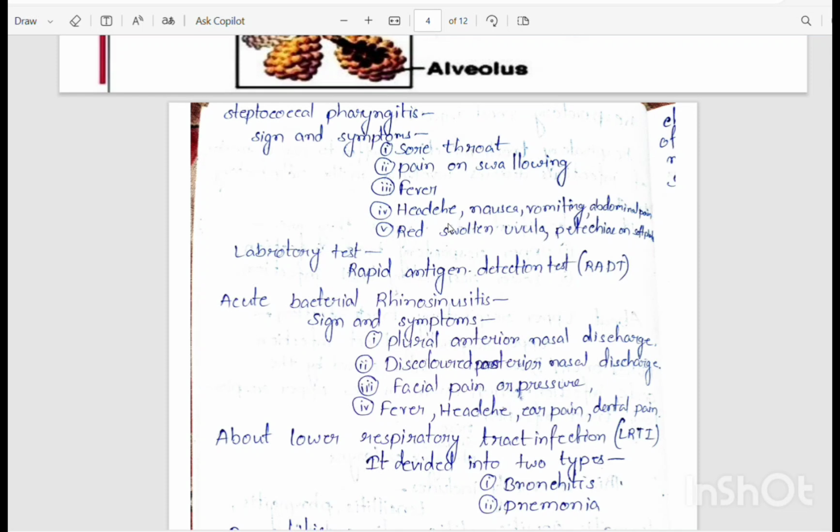Nausea means the feeling before vomiting, like vomiting will take place in the person. Also vomiting and pain in the abdomen. The diagnostic test for it is the rapid antigen detection test, RADT.